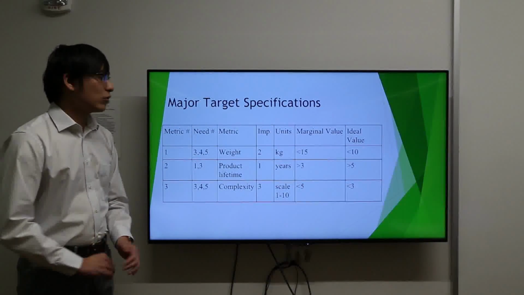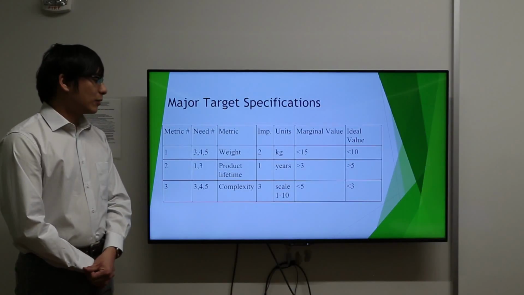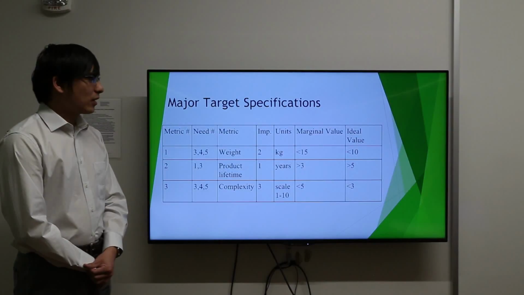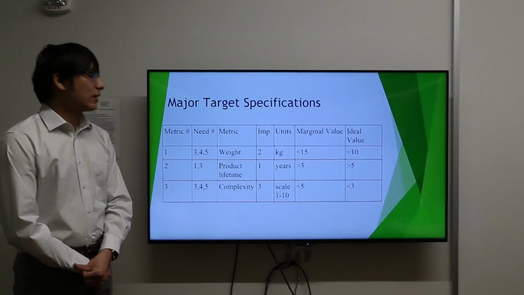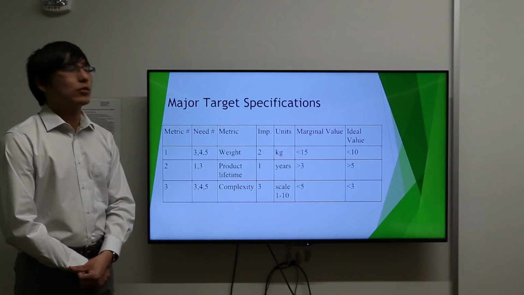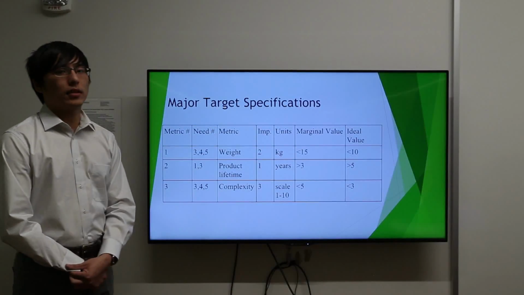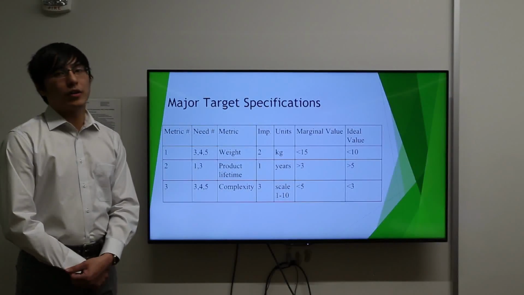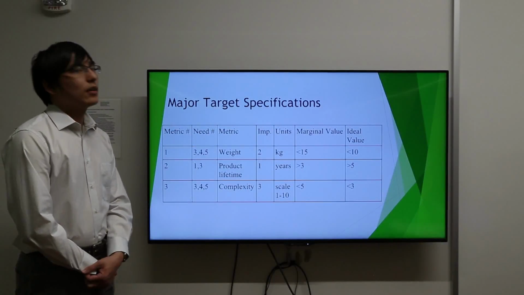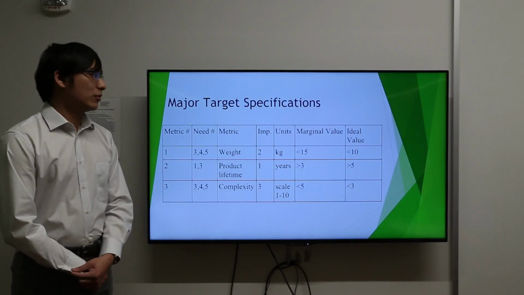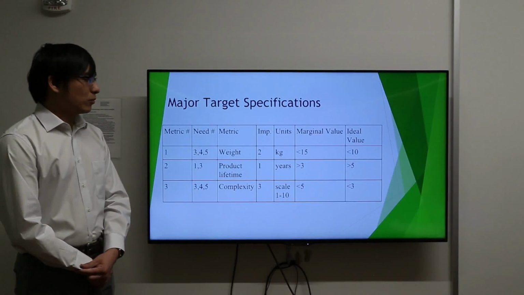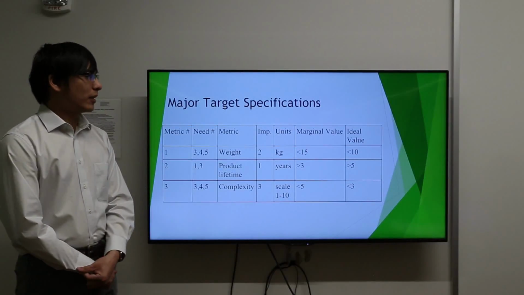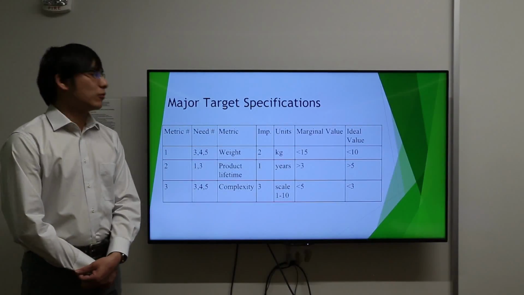Also, we want to keep the cost low, so we want to keep the complexity relatively low. Of course, we want it to be as simple as possible so that it can be easy to assemble and easy to repair. But to satisfy our custom needs, which require custom inputs, we have to give it a complexity of around 5. We want it as low as possible, but for now we set it to 5.